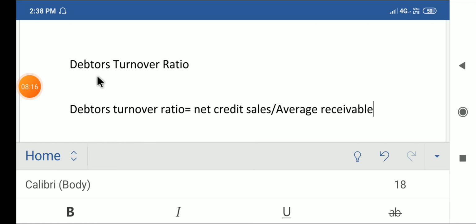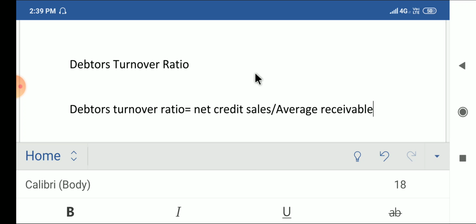Now we explain the formula of the debtors turnover ratio. Debtors turnover ratio is equal to net credit sales divided by average receivable. For calculating the average receivable, the total of opening balance and closing balance of debtors and receivable is divided by 2.